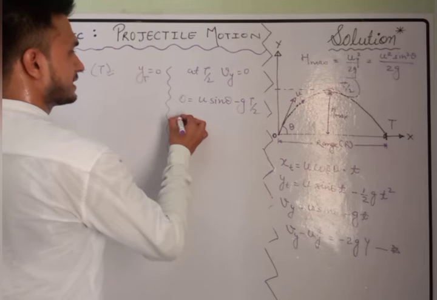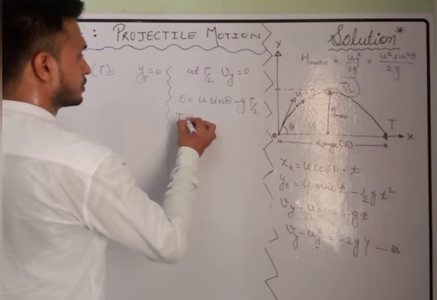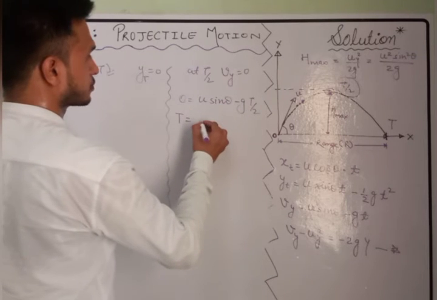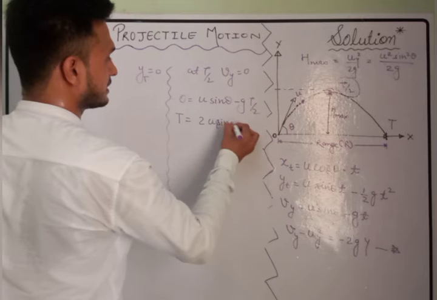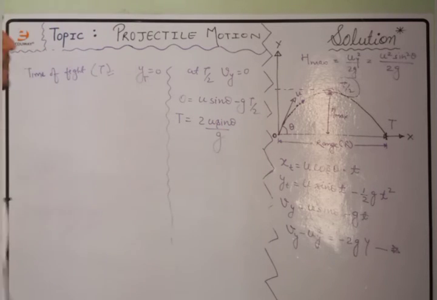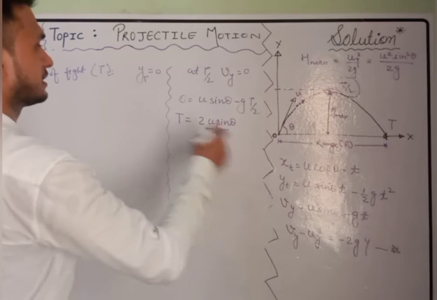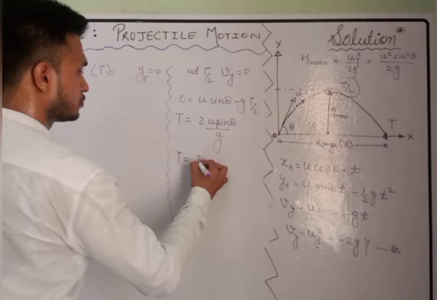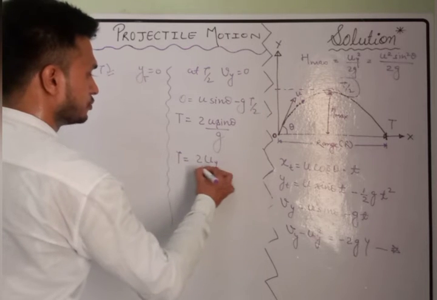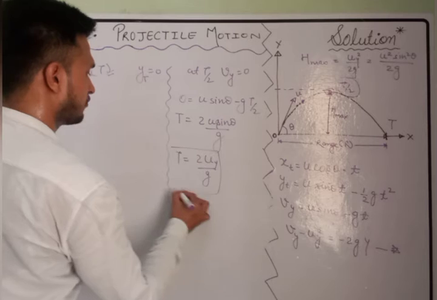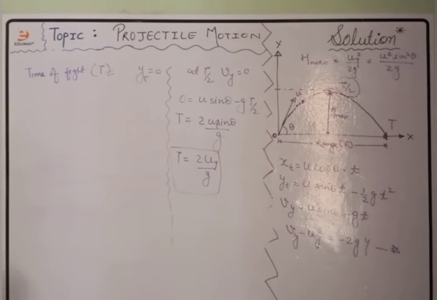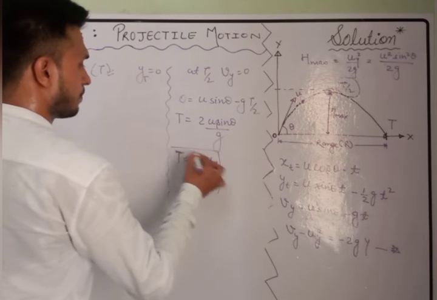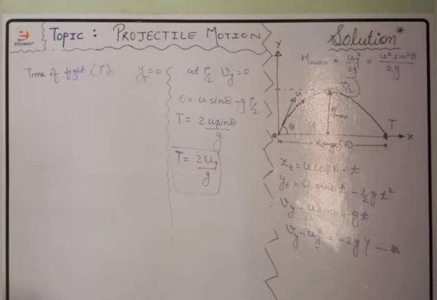Using this formula, I can say that time T, moving terms to this side, will be equal to 2u sine theta by g. Or you can say time of flight equals 2 times u sine theta, which is uy, by g. So this is the formula for the time of flight, the entire time that the projectile will take. And you can see here the time of flight depends upon the vertical component of velocity as well as the angle of throw.